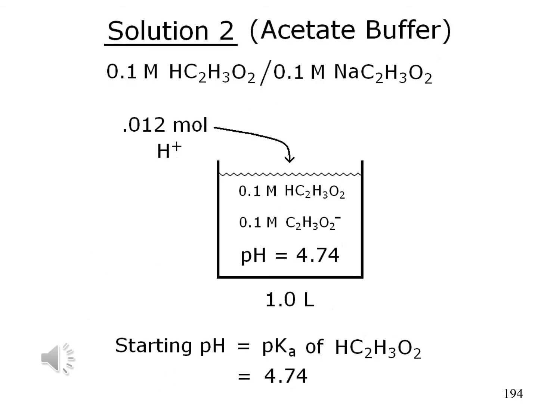But if you add the same amount of H plus to solution 2, we already know what happens when you add acid to a buffer. The H plus reacts with the base part to produce the acid part. So let's look at that in terms of what the net ionic equation is.